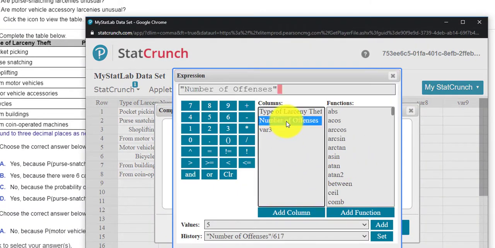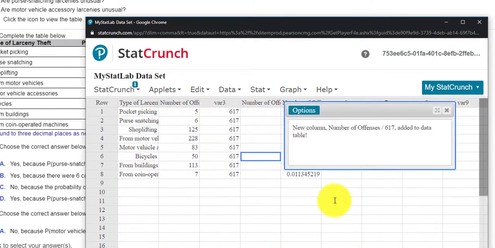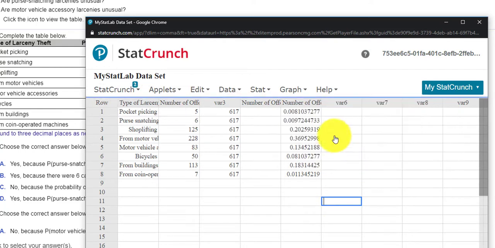So if I take the number of offenses and divide by 617, I actually didn't have to add that column in there, and then I create a new column, so I press OK, and compute. You see what happens there? It gave me a new column with all the values here.